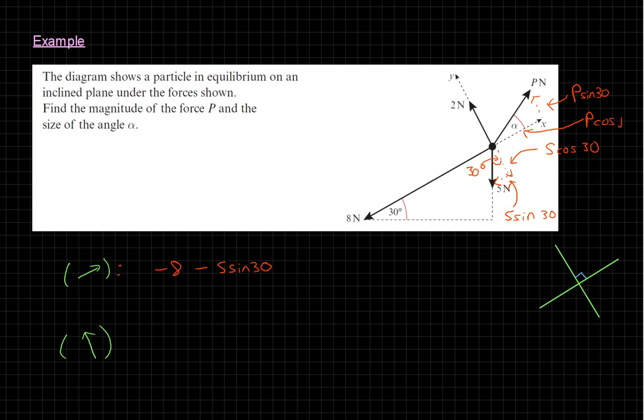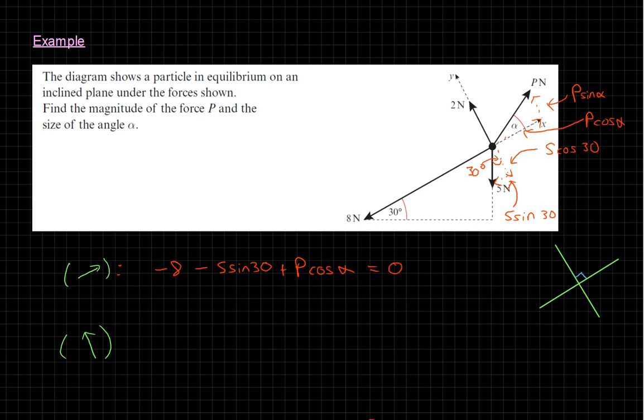P cos alpha, and let's change that as well, alpha. And that's for that component going up that way. So again, going back up the plane, we've got -8, -5 sine 30, and this one going upwards, that's P cos alpha. Let's add that on, P cos alpha, and that's equal to 0.